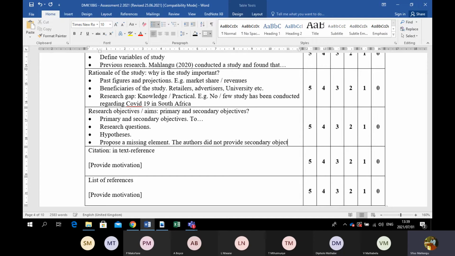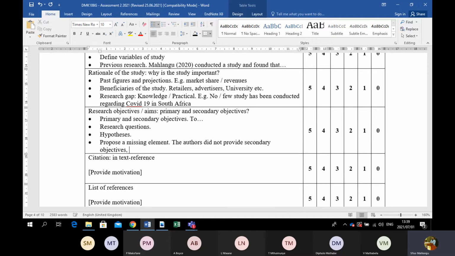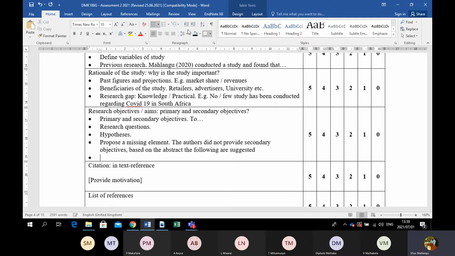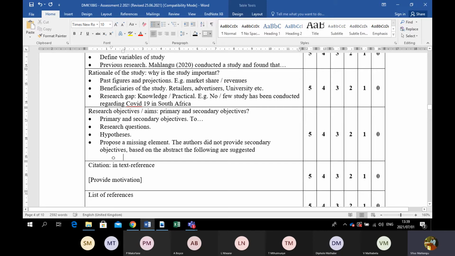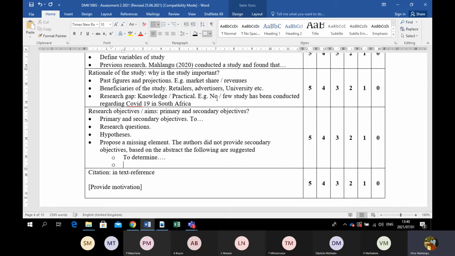Secondary objectives based on the abstract, the following are suggested, to show that you understand as well what needs to be done. For example, you will say to determine, and then you list the objective that you think needs to be there as well.